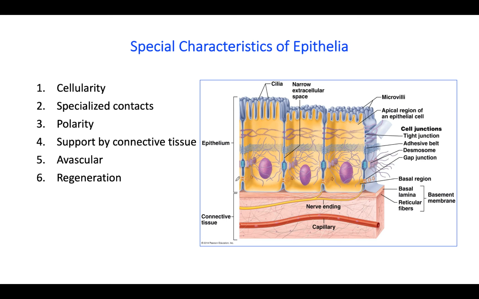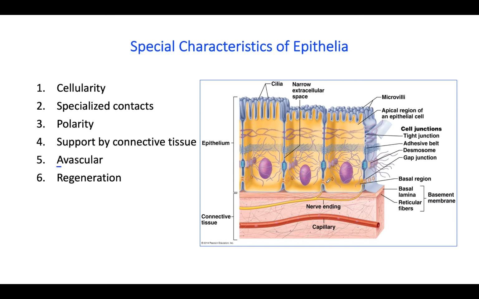So epithelial tissue does not contain blood vessels. Lack of blood vessels, we call that avascular. A means no. So capillaries in connective tissue do not penetrate to the basement membrane.